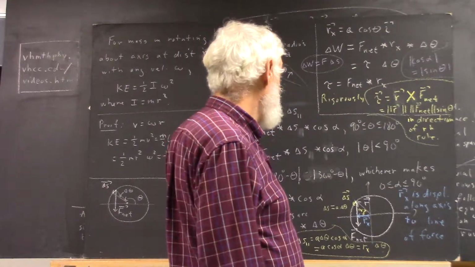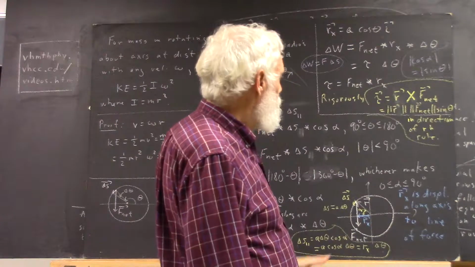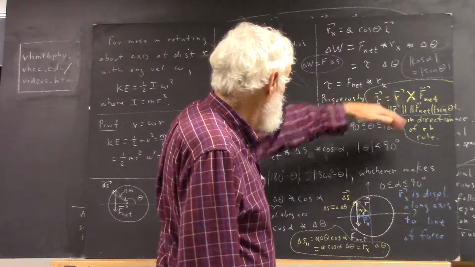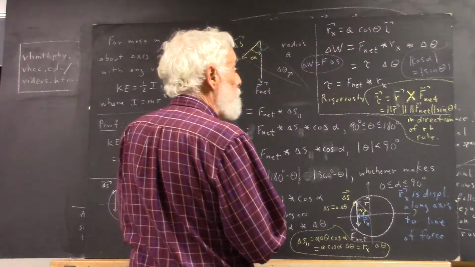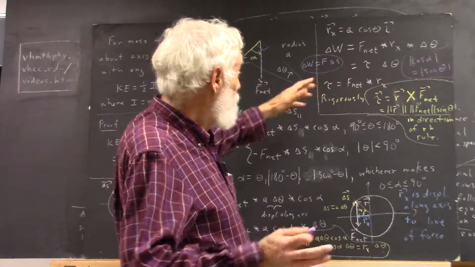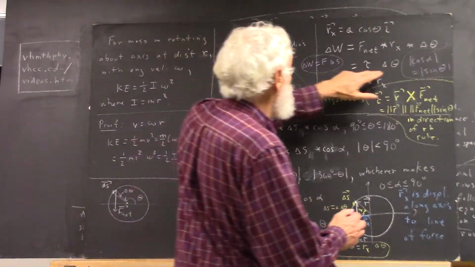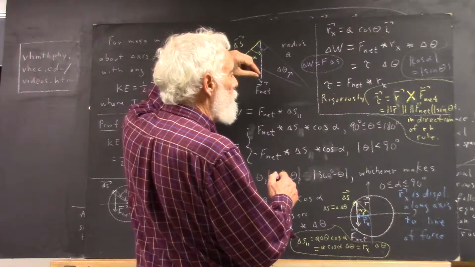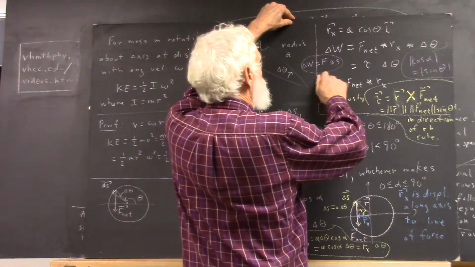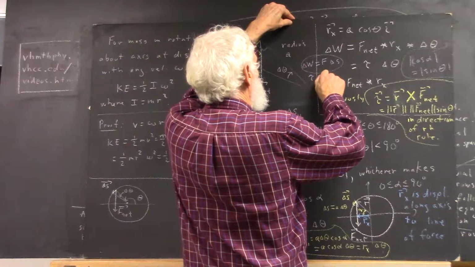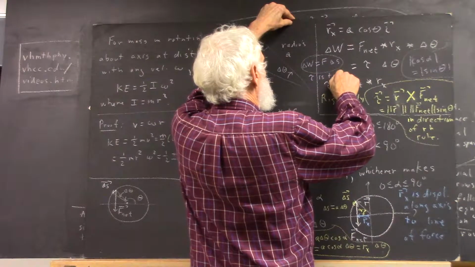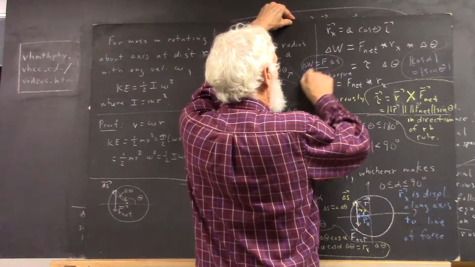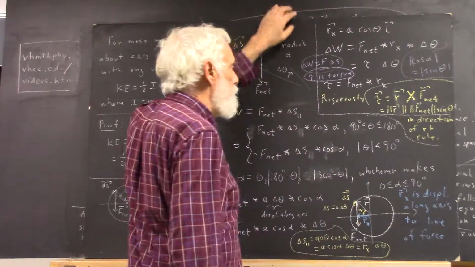Now, more generally, you do this with vectors, and I'm going to get to that here in just a minute. But not everybody's up to the idea of a cross product and so forth. So we're going to go with this analogy to start. Okay, so we call tau torque.